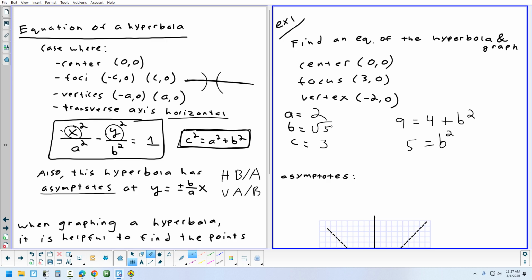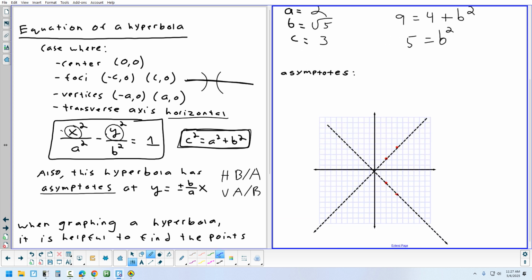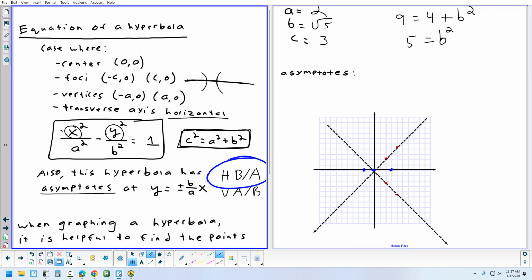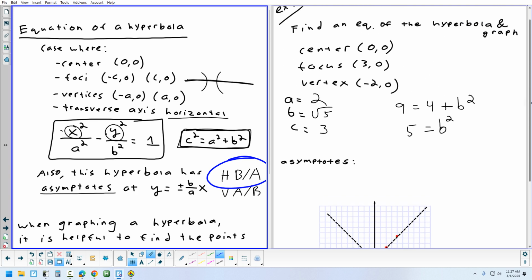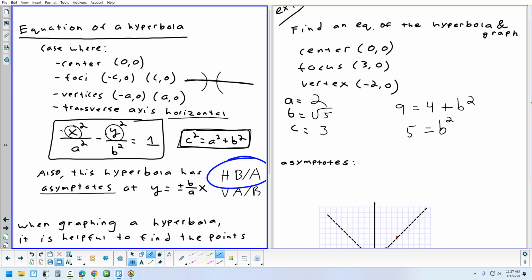Okay, asymptotes. When your transverse axis is horizontal, which this one is, because if you graph these 3 points, 0, 0, 3, 0, negative 2, 0, they'll line up horizontal. When you're horizontal, the equation of your asymptote has a slope of B over A, positive or negative.